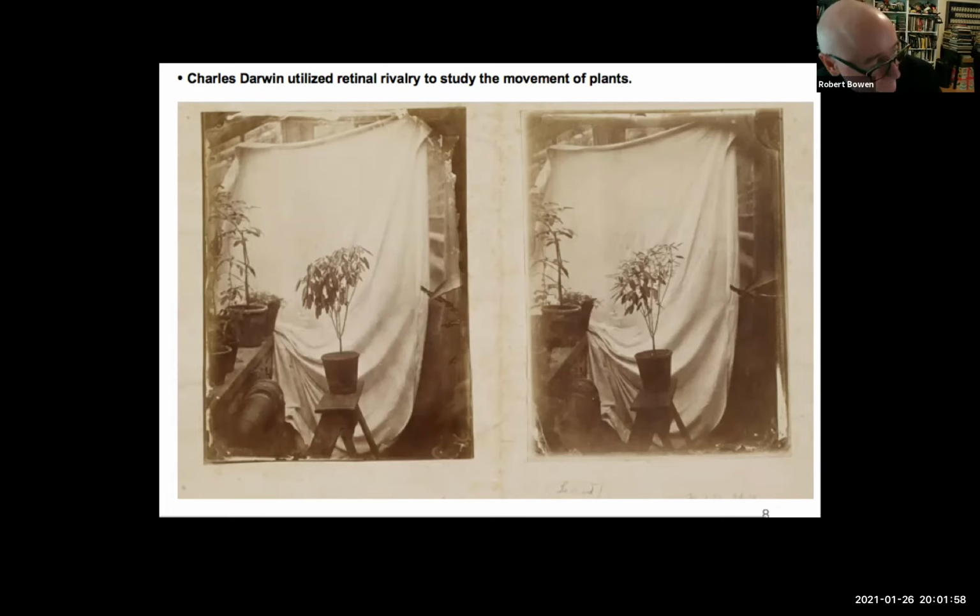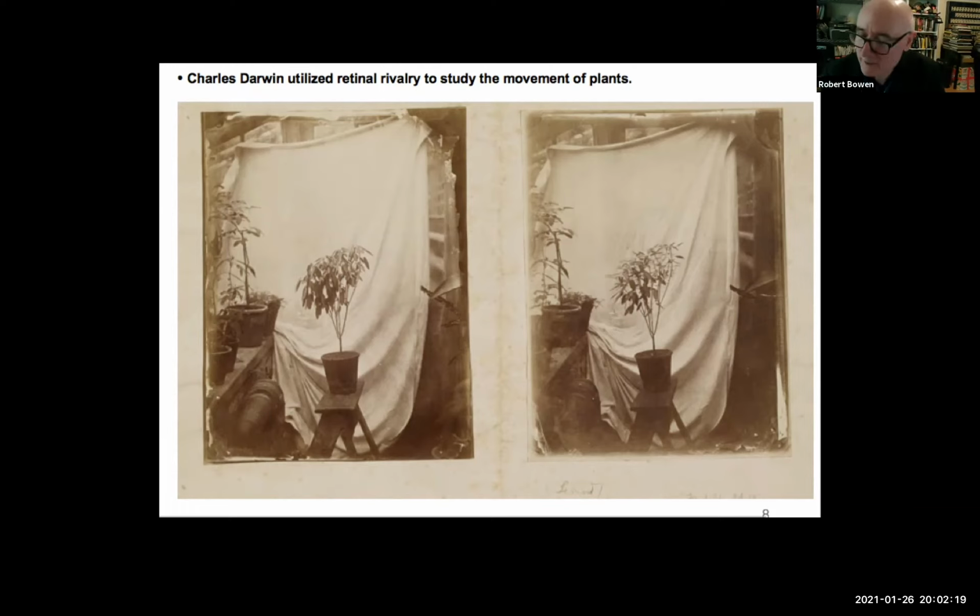And it's an example of the stereoscope being used as a stereo comparator. And stereo comparators have been used quite a bit for aerial photography, for military use.